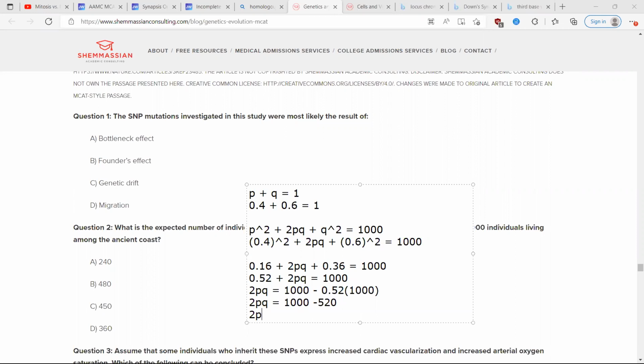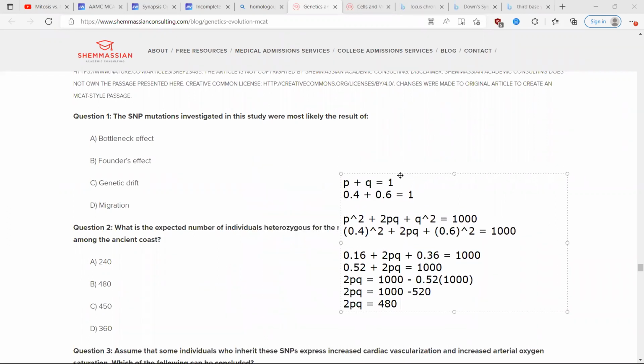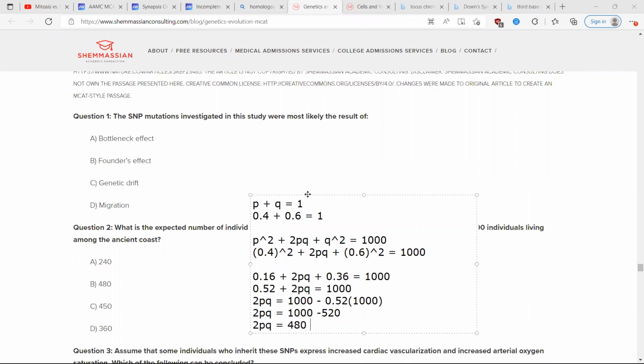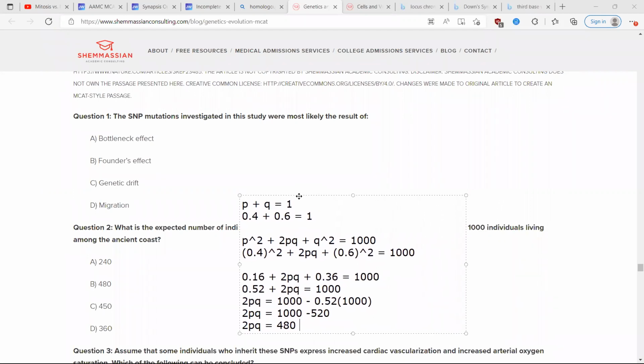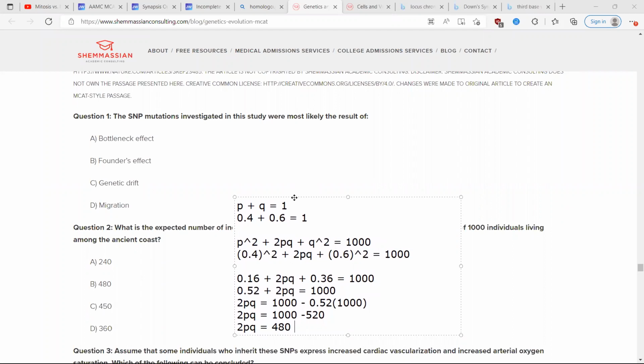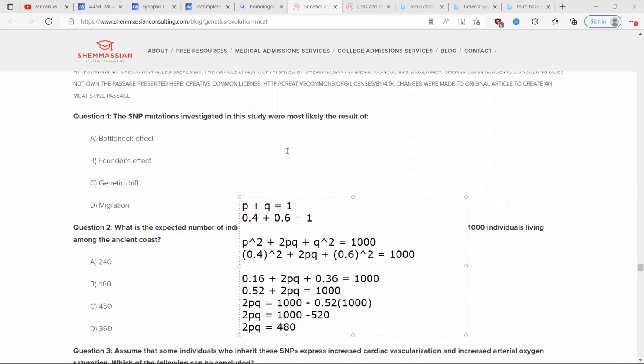Okay, so then 2PQ is equal to 480. I probably screwed this up somehow, but what is the proper way you're supposed to do it? Hold on, let me see.